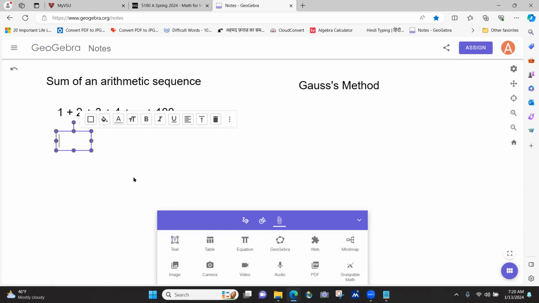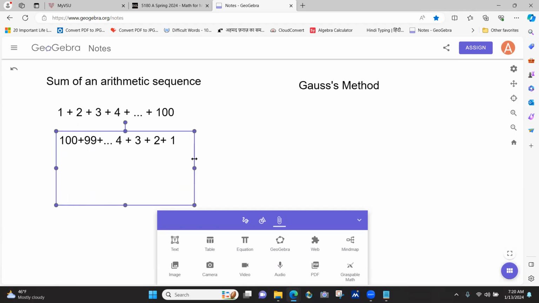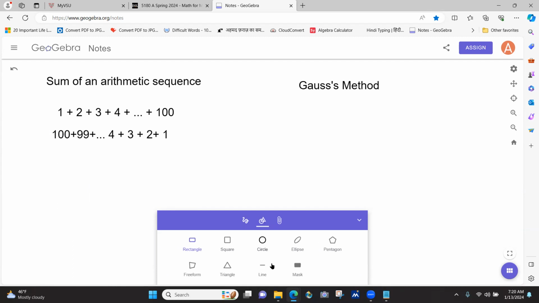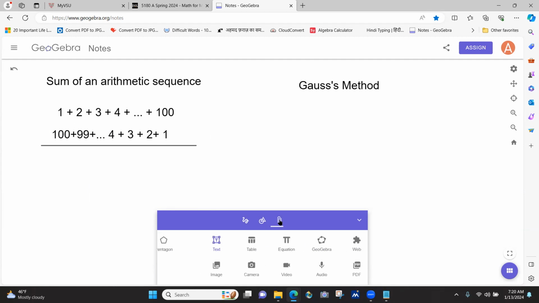We write the sequence in opposite order. All right. And we observe that if we add each pair vertically, 100 plus 1, 99 plus 2, and 98 plus 3, we're going to get a string of 101.